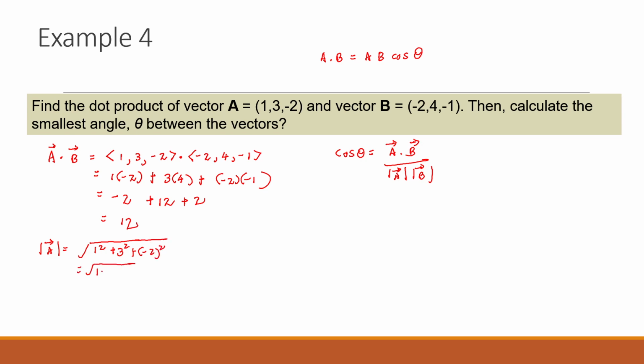So you have 1 plus 9 plus 4, so you have square root of 14. And then for the magnitude of vector B, you take each component and square it: negative 2 squared plus 4 squared plus negative 1 squared.